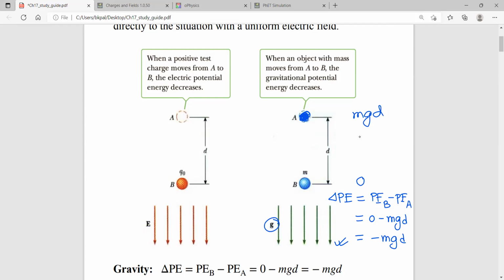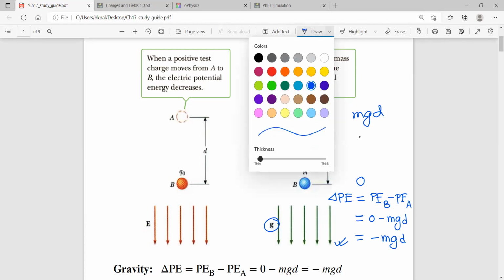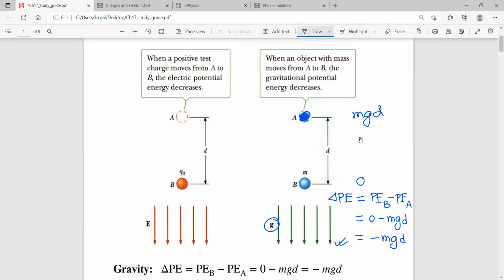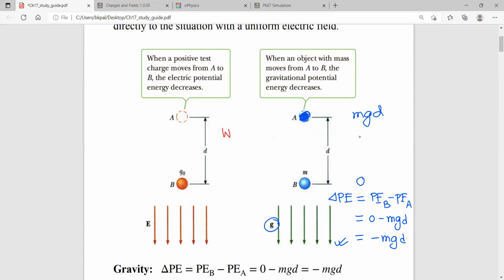Now what is the work done by the gravity? You know that W is the work done, and the definition of the work done is F d cosine theta. Here, let me call it Fg because I want to know the work done by the gravity.